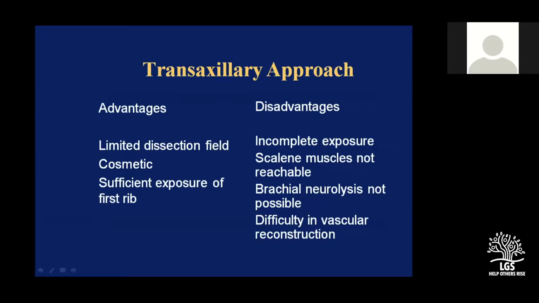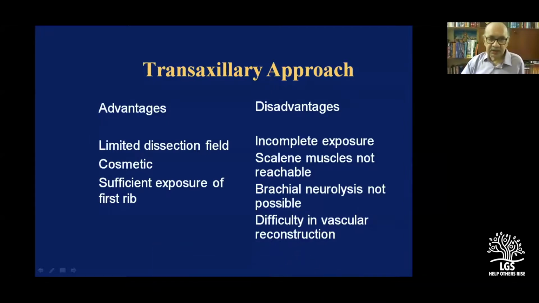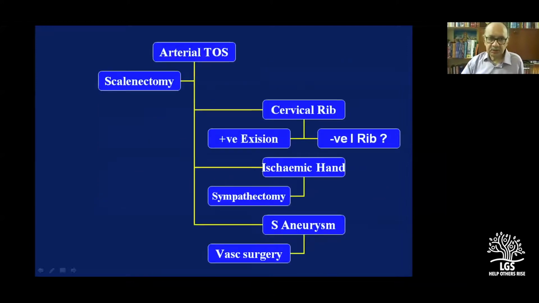With complete anesthesia and muscle relaxants, you completely push the vein, artery and brachial plexus up, and then excise the scalenus anticus with a suitable gouge. Arterial scalenectomy, cervical rib excision, and sympathectomy are used. Subclavian aneurysms and vascular surgery procedures have been described already.